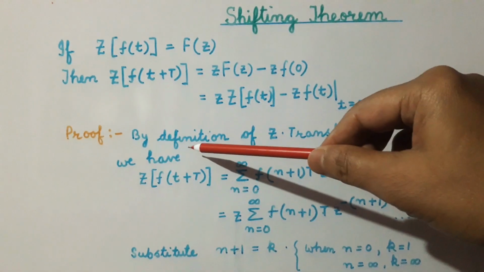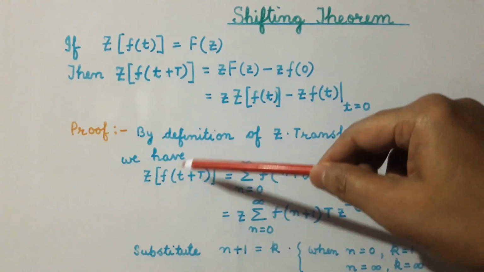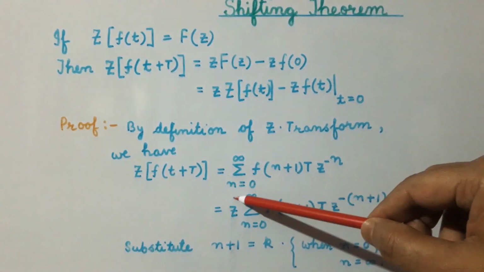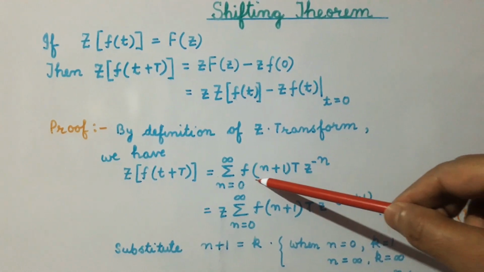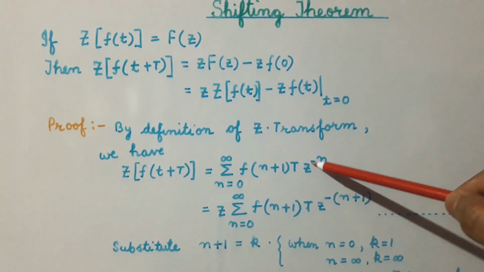So we see here that from the definition of z transform, we have the z transform of f(t+T) is equal to the summation n equal to 0 to infinity of f((n+1)T) into z to the power minus n.